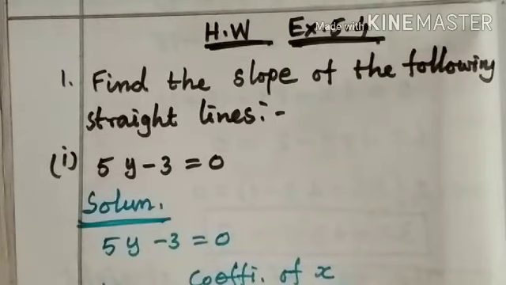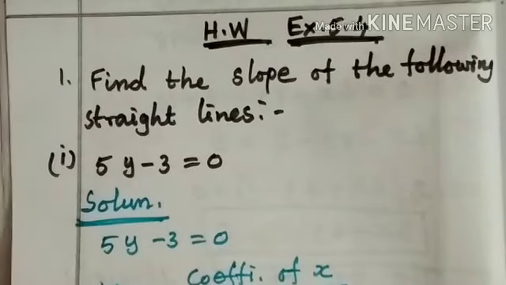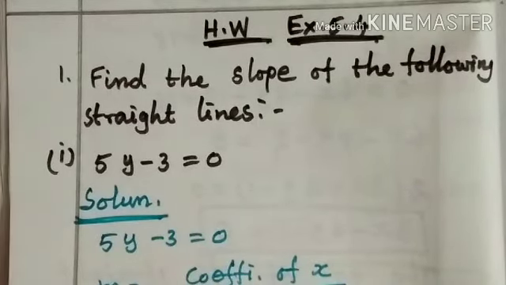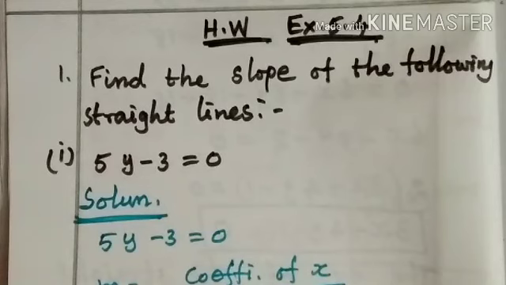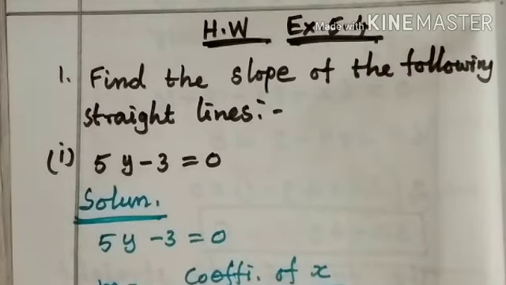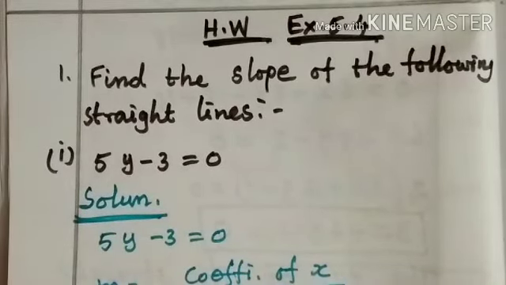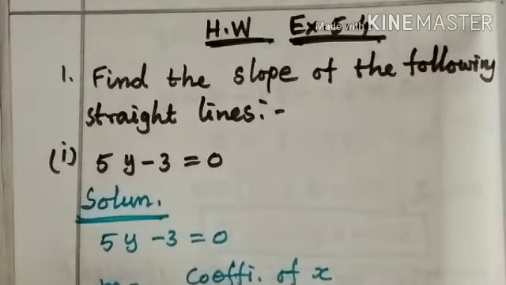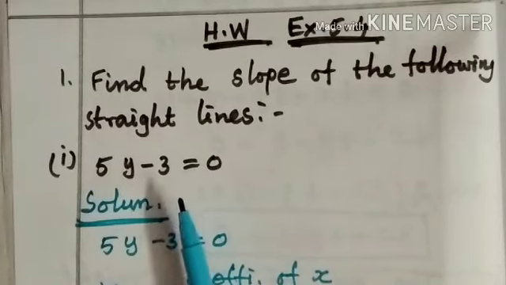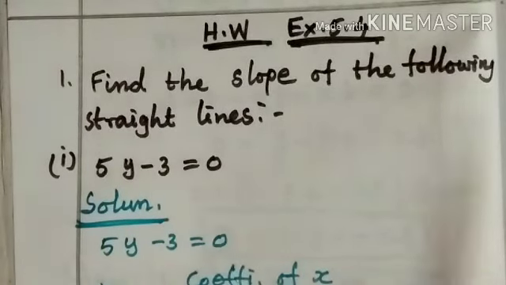Now let us see the homework sums which were given in the previous classes. See exercise 5.4, first sum. Find the slope of the following straight line: 5y minus 3 is equal to 0.